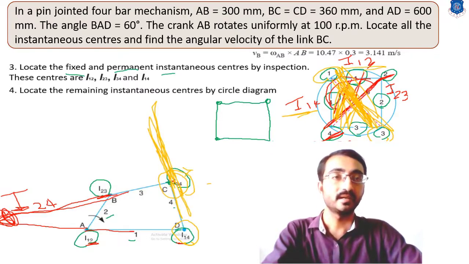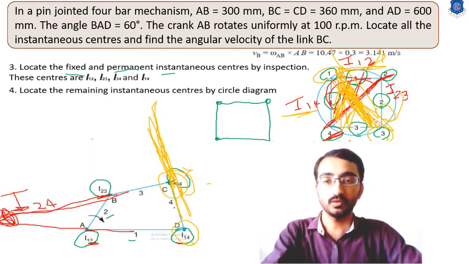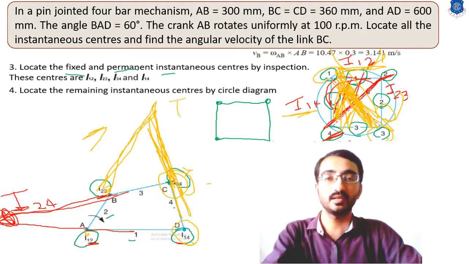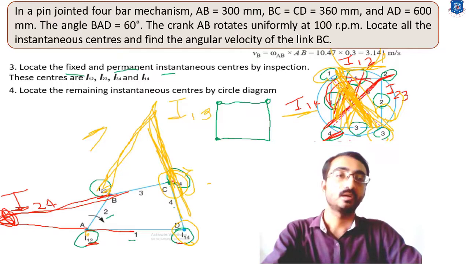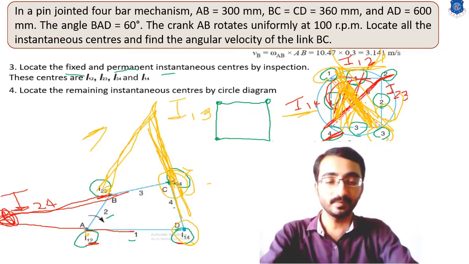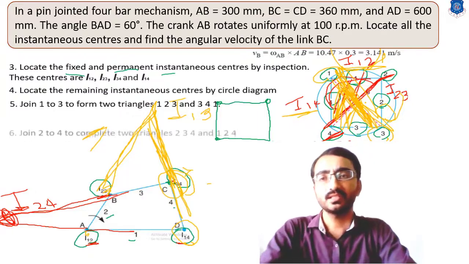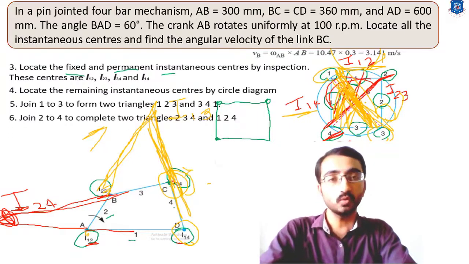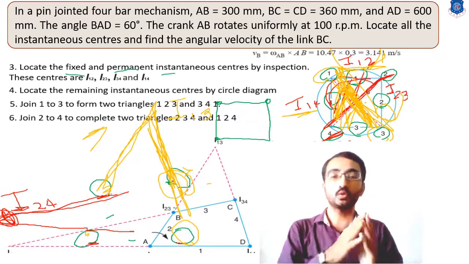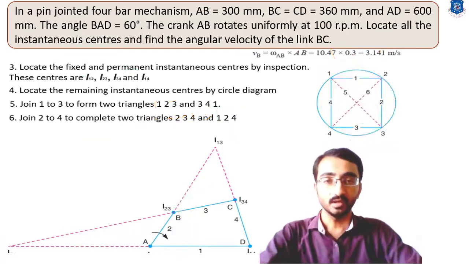And similarly now you have to connect I12 and I23. So these 2 points, 12 and 23, and this extension will give us the diagram like this, and this one is your I13. In this way we can join these 2 triangles by joining these different points, and we can observe these patterns.